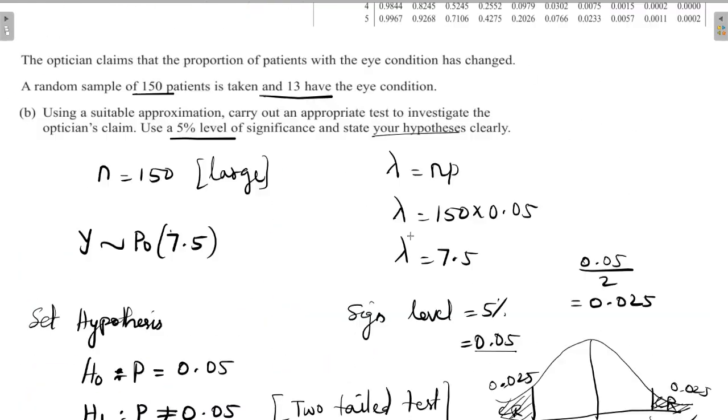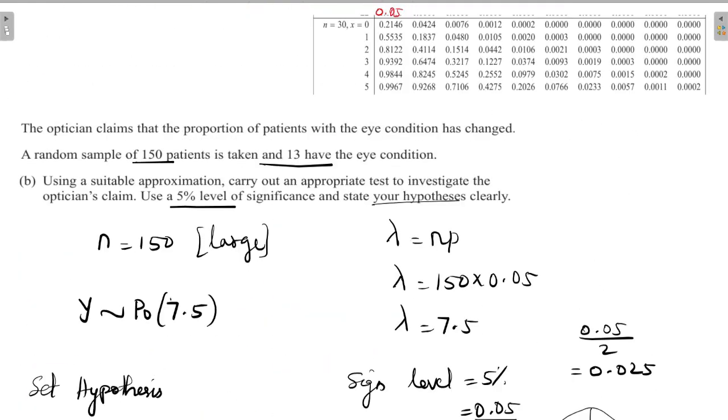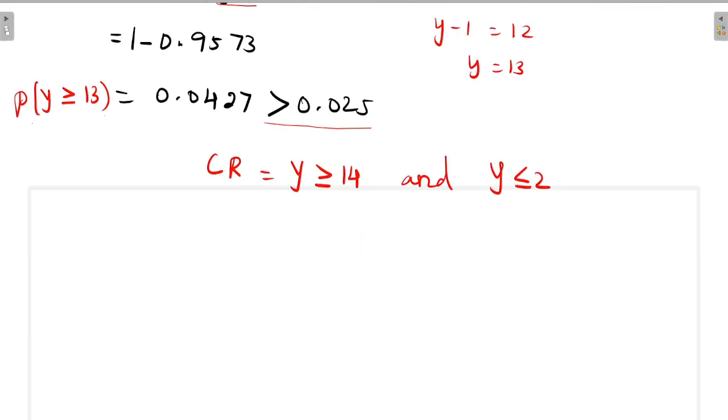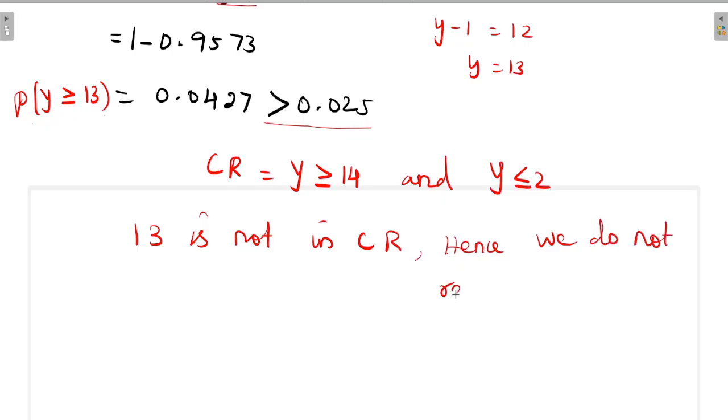Now, what is our question? We have to check whether 13 is in the critical region. 13 is not in the critical region. Hence, we do not reject our null hypothesis, that is, we do not reject H0.